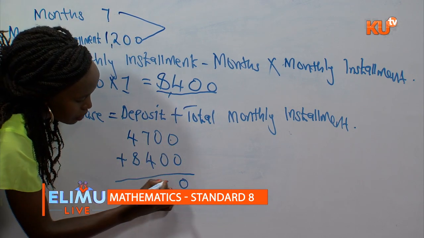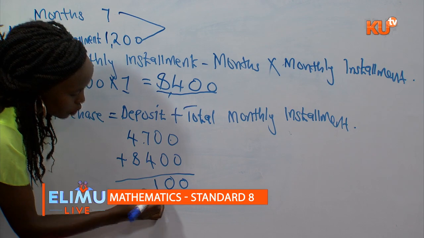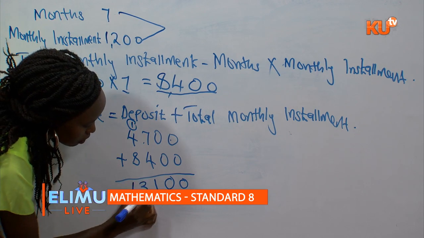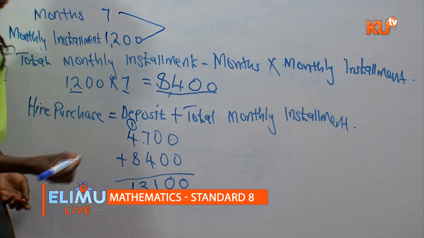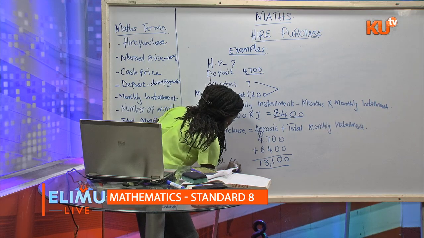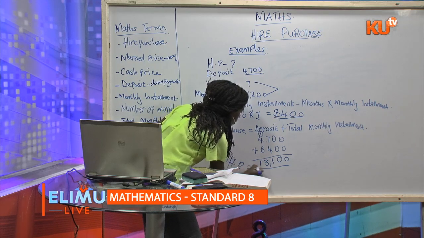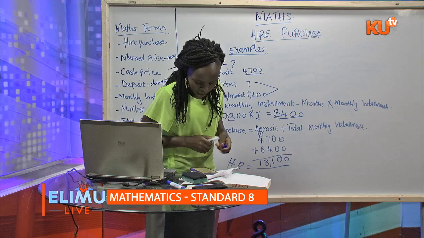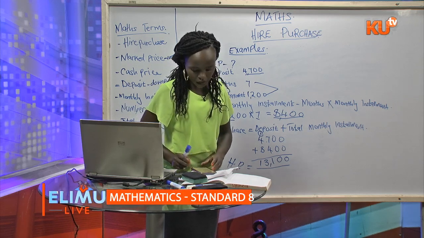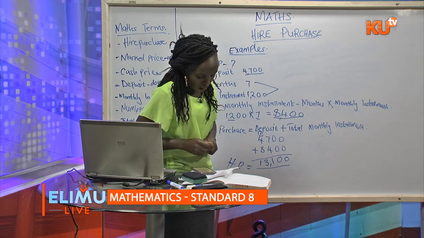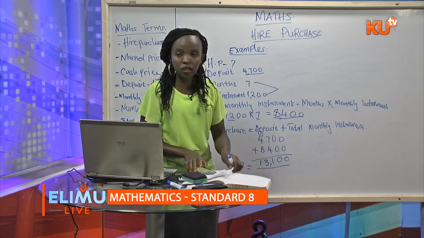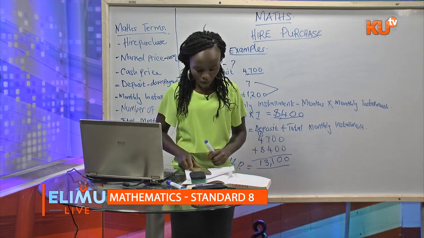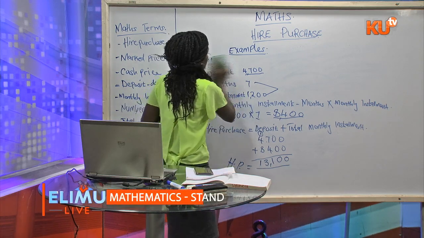I add here, I get a 0. 0, 7 plus 4 is 11. I write 1, I carry 1. 9, 13. So our hire purchase is going to be 13,100. So meaning that person, that is Anne, bought that microwave at 13,100. So that is example 1. We look at example 2, another example.